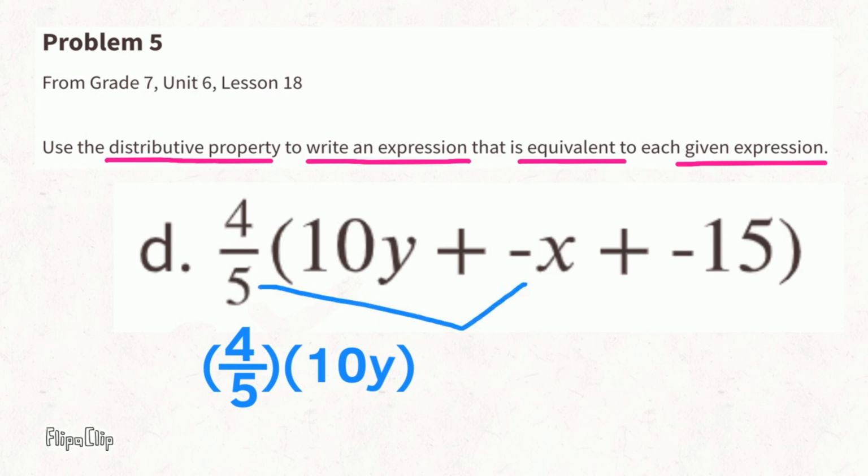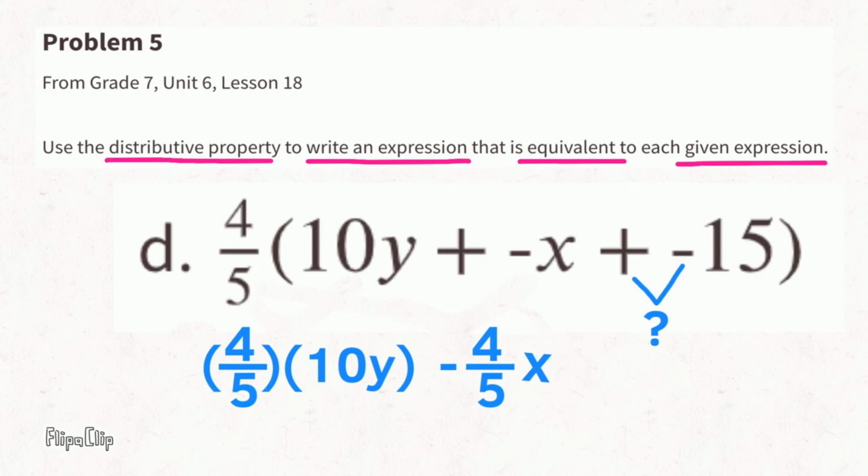4/5 times a negative x. 4/5 times a negative x is negative 4/5 x. They did this before the other term as well, but they put a plus sign ahead of a negative sign, and that really means plus a negative. An easier way to think about it is to say and instead of plus.